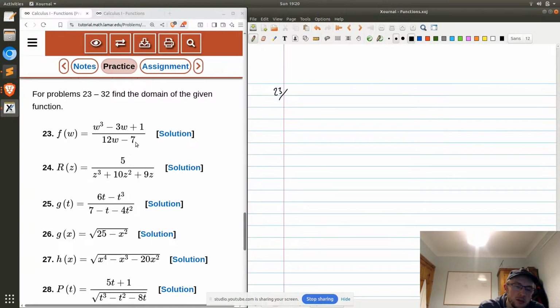Solving for w, we have w equals 7 over 12. So w is specifically not allowed to be 7 over 12. So how would I signify that? Perhaps like this.